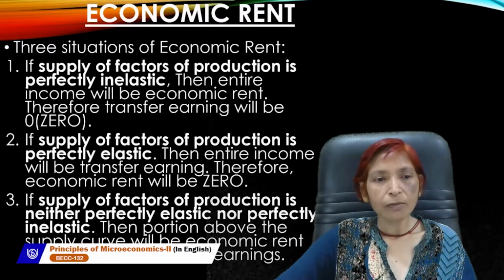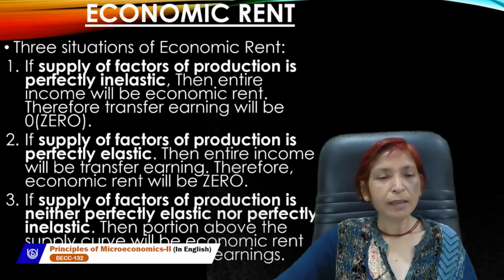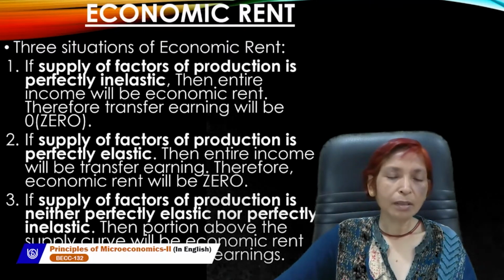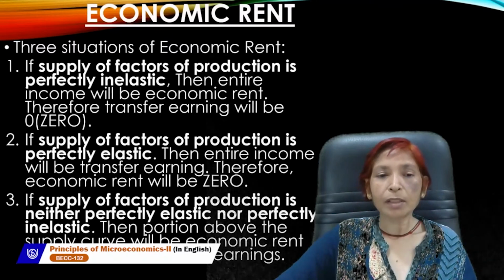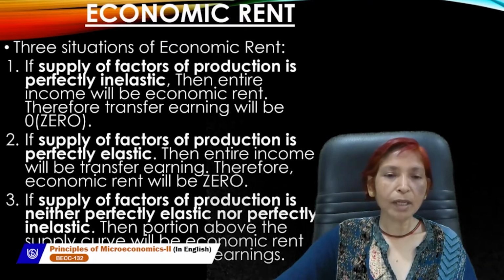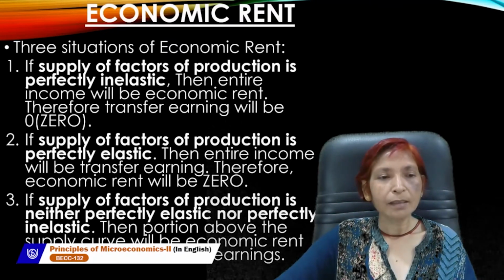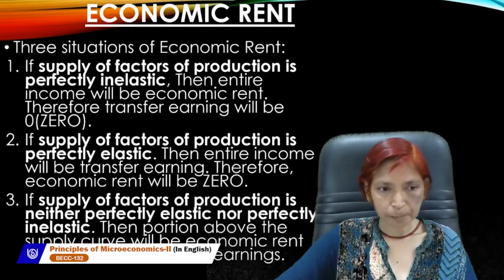Man-made things developed by human beings can be increased or decreased, but the resources provided by nature can't be increased or decreased. So these factors' supply is called perfectly inelastic supply.